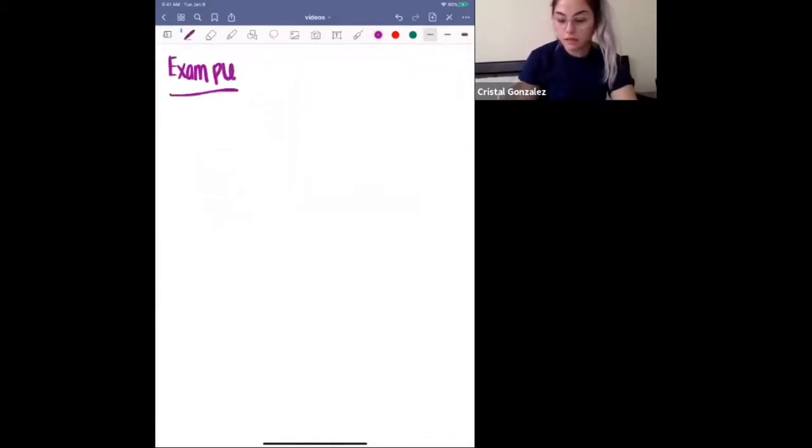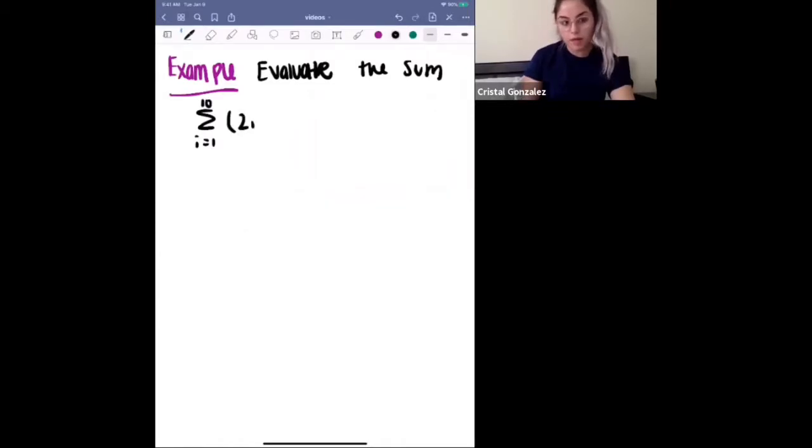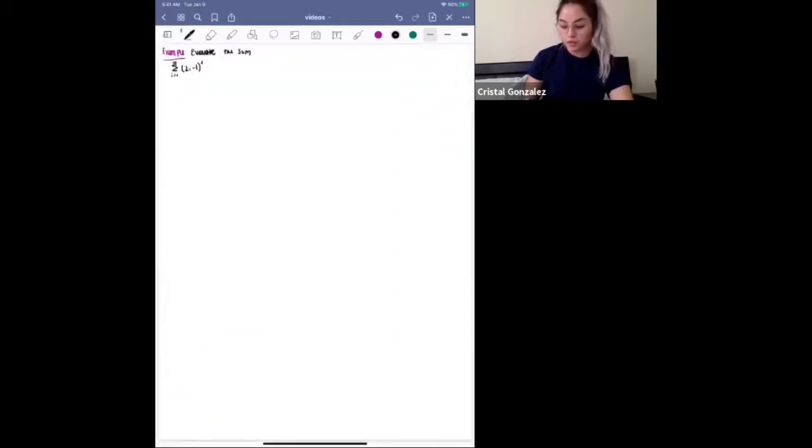Let's evaluate the sum from i equals 1 to 10 of 2i minus 1 all squared. Okay, so let's see.